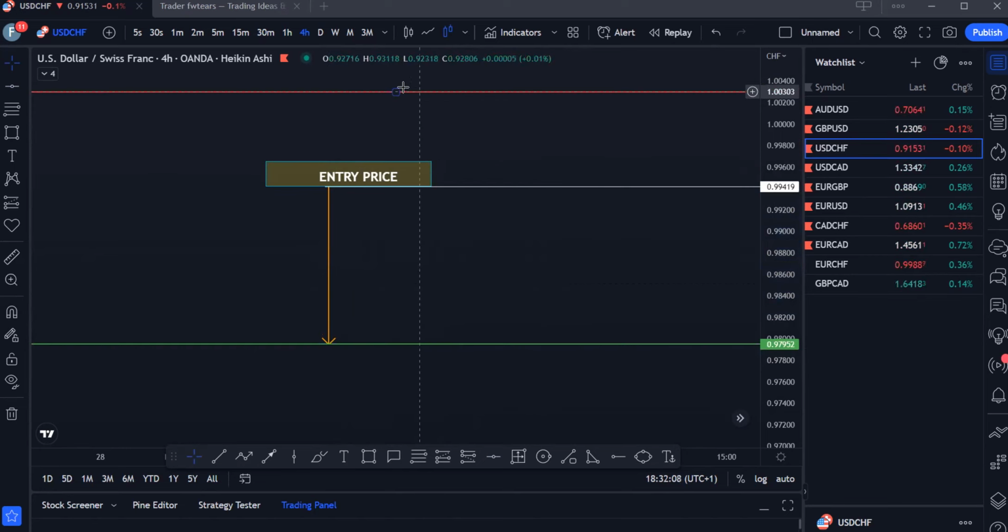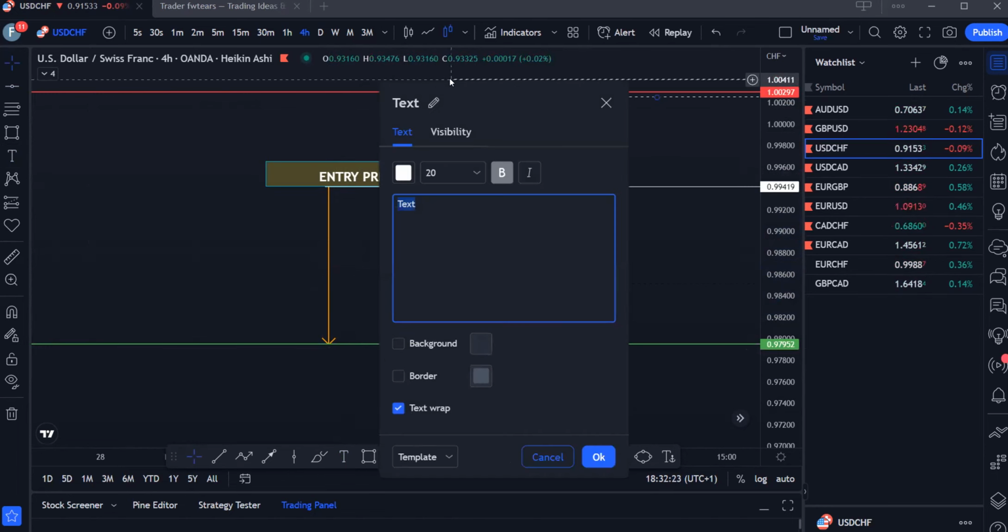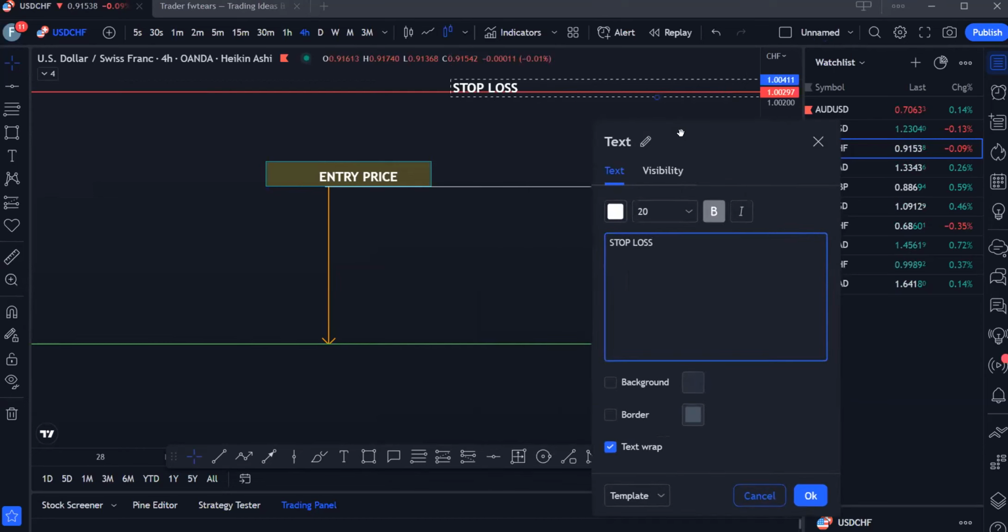So stop loss deals with the maximum amount you are willing to lose. Take profit is the maximum amount you are willing to make as profit. So when you say stop loss, consider it as your maximum risk.